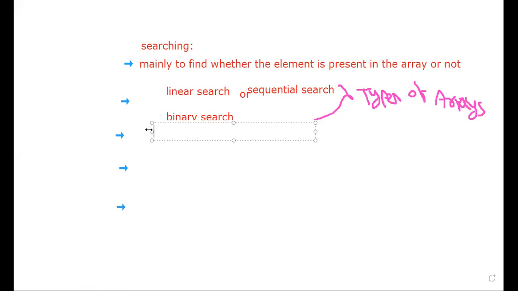So first, let's have a clear idea about searching. Searching means to find whether a particular element is present in the array or not. If the value is present in the array, that means found, then the searching is said to be successful.